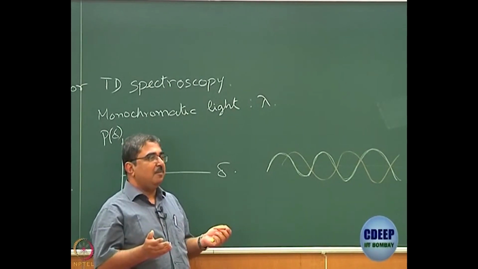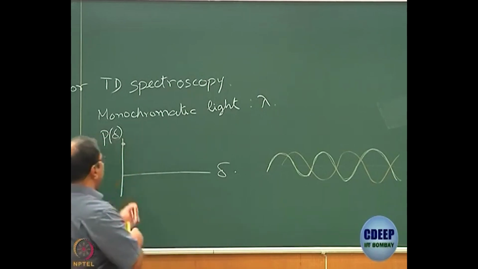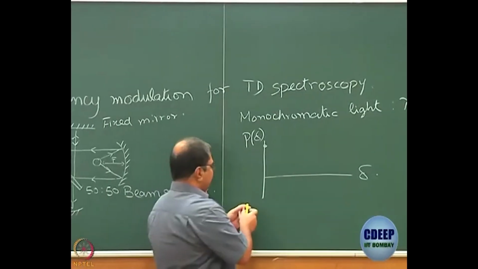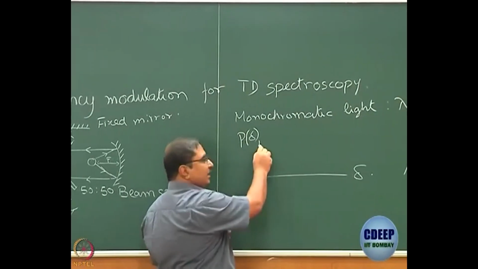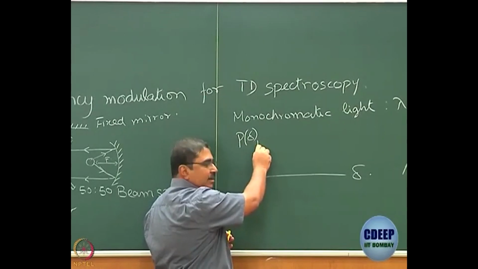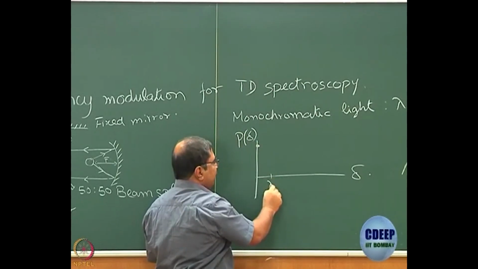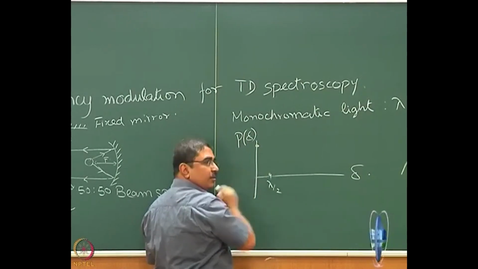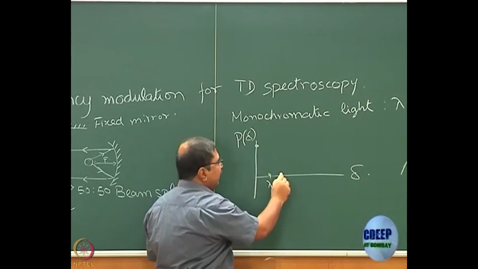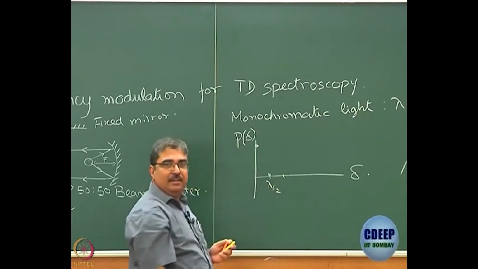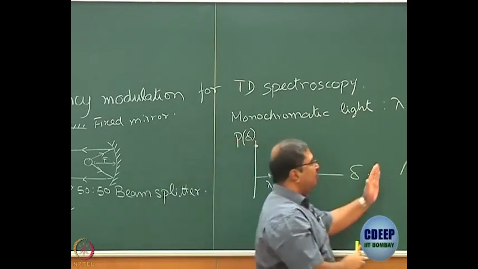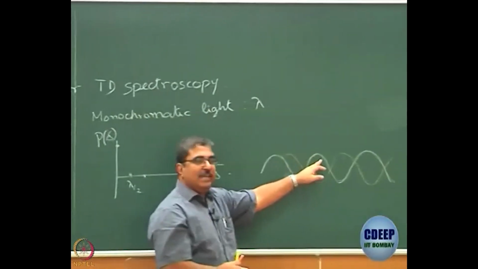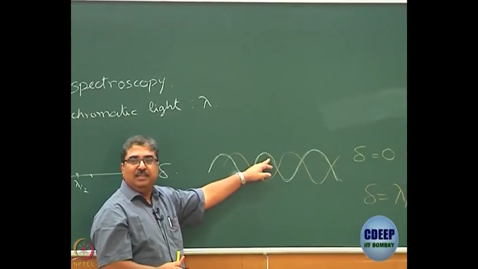0, complete destructive interference. So now if you look at the signal, when delta equal to 0, you get some signal. When it is equal to lambda by 2, then you get 0. What happens when it is equal to lambda? Now you have moved it further so that this peak has become coincident with this one.